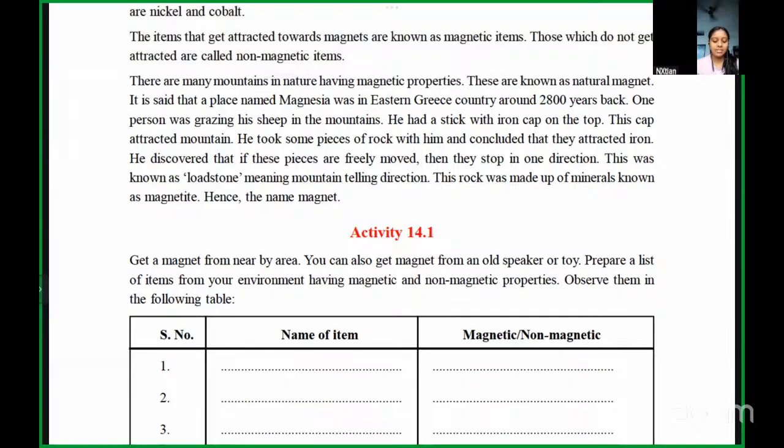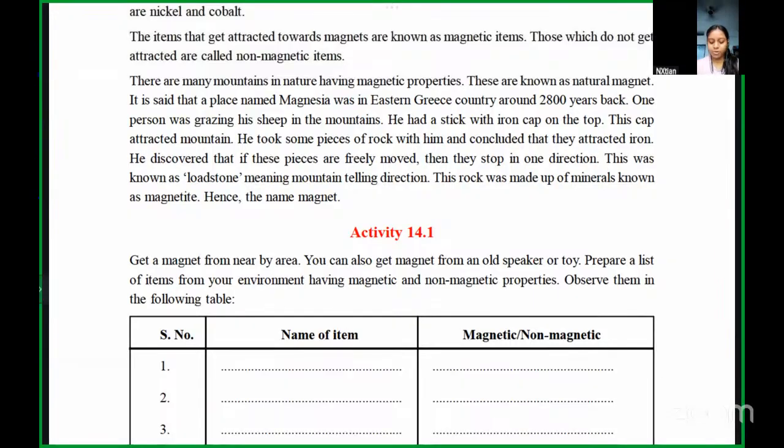There are many mountains in nature that have magnetic properties. Some places on the earth naturally have magnetic properties. Those are called natural magnets. It is said that a place named Magnesia was in eastern Greece around 2800 years back. One person was grazing his sheep in the mountains. He had a stick with an iron cap on the top. This cap attracted the mountain.